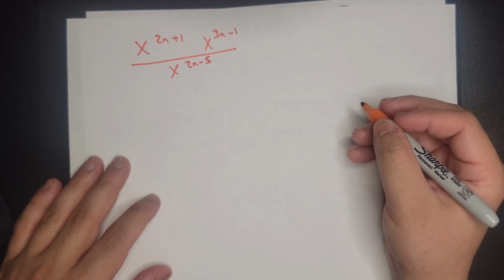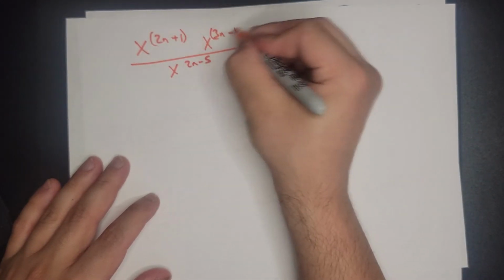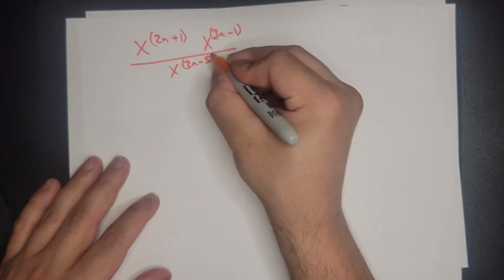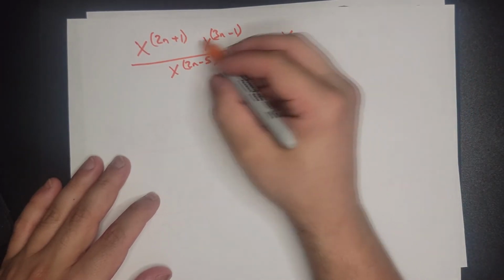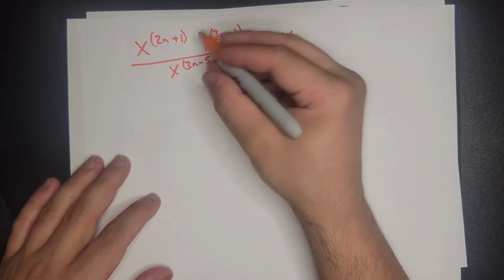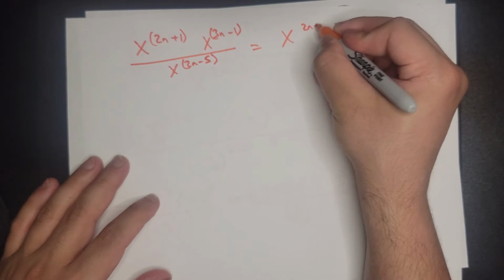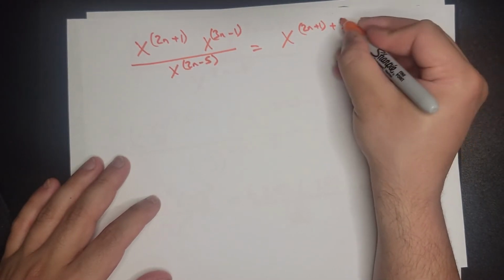So let's do that. First, let's do the numerator, x. If I'm multiplying these two exponents, I'm going to add those: 2n plus 1 plus 3n minus 1.